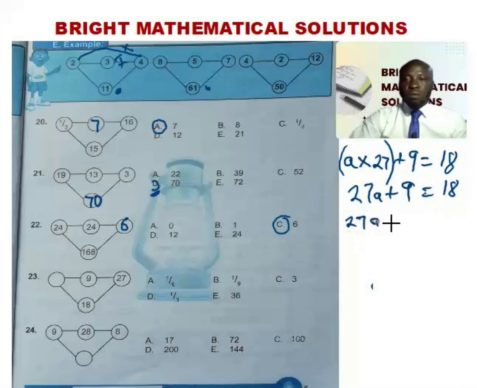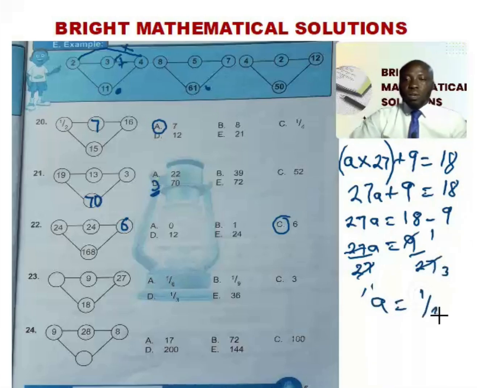Therefore, 27a equals 18 minus 9. That is 27a equals 9. So if you divide both sides by 27, 27 goes into 27 once, and 9 goes into 9 once and into 27 three times. So a equals 1 over 3. So our answer is 1 over 3, which is D.